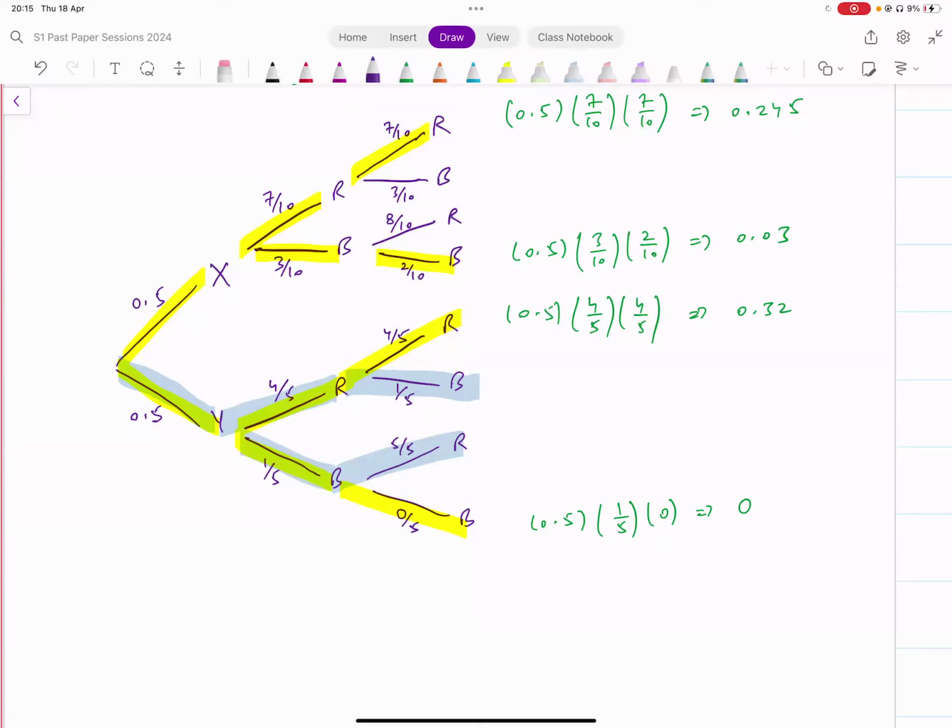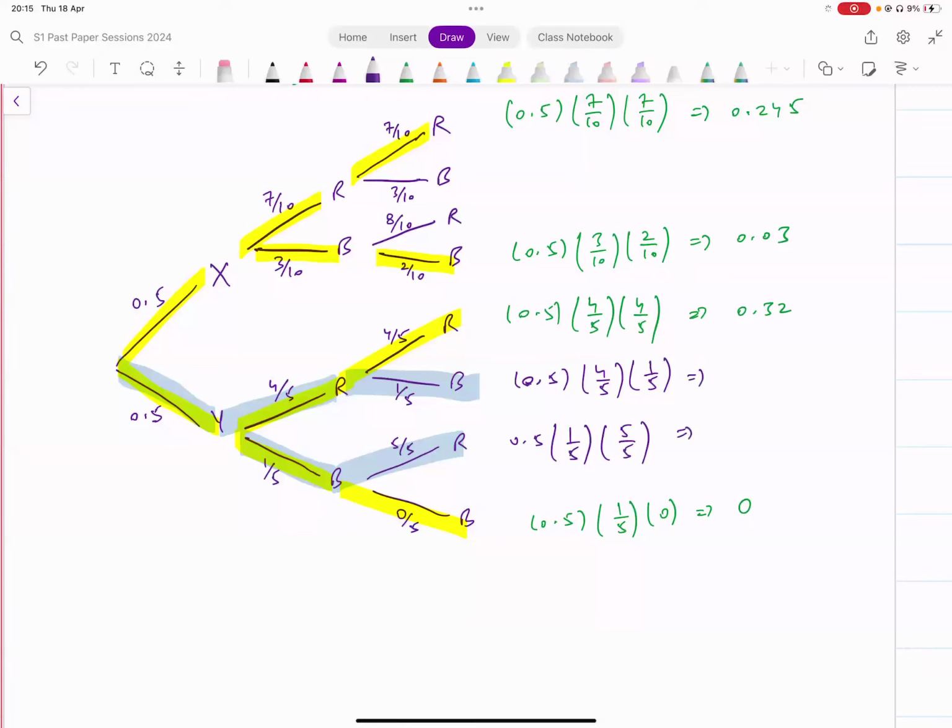Let's evaluate them. 0.5 into 4/5 into 1/5. And the second one is 0.5 into 1/5 into 5/5.